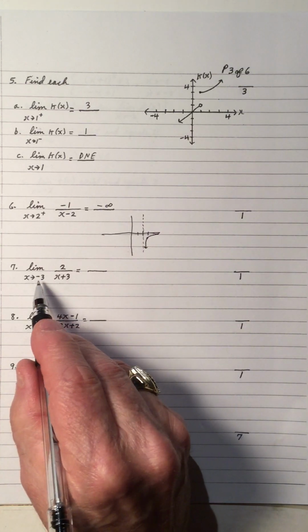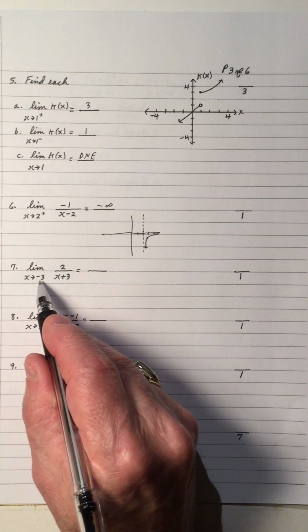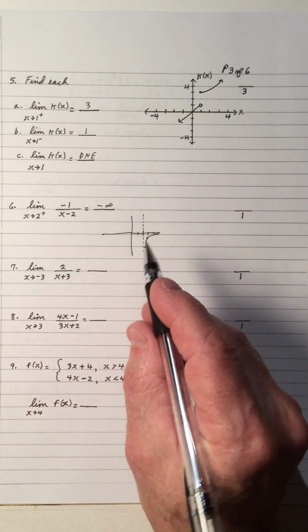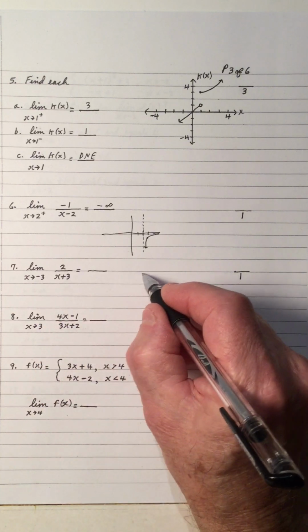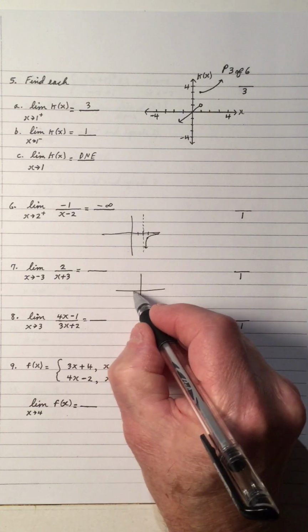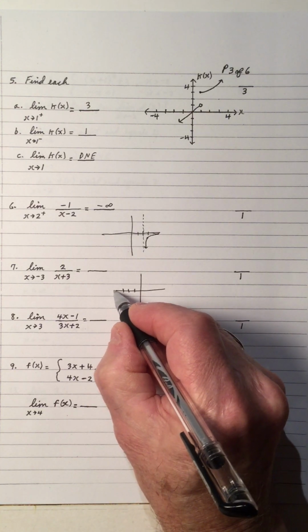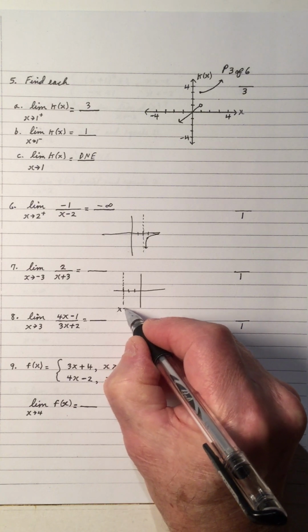Number 7, the limit of 2 over x plus 3 as x approaches negative 3. Again, the vertical asymptote is negative 3. So let's look at when we have a negative 3. So there's the vertical asymptote at x equals negative 3.